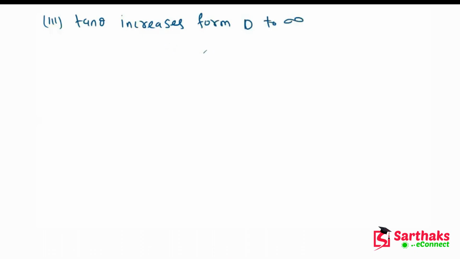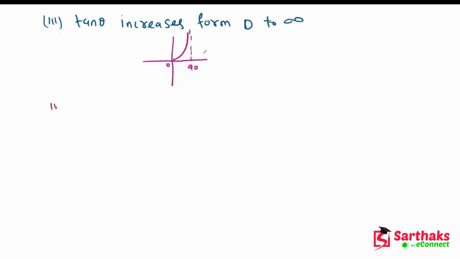So the graph of tan theta is like this. It will go like this. The value of tan 0 is 0, but the value of tan 90 is not defined because the value of tan 90 is infinity. We cannot find a fixed value. Okay, so this is the graph of tan theta.